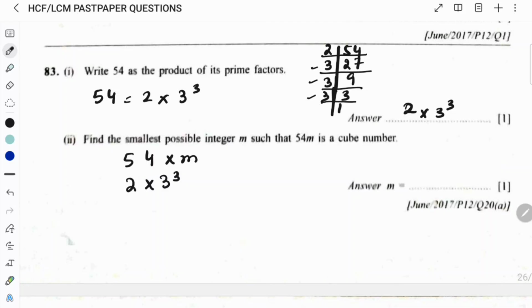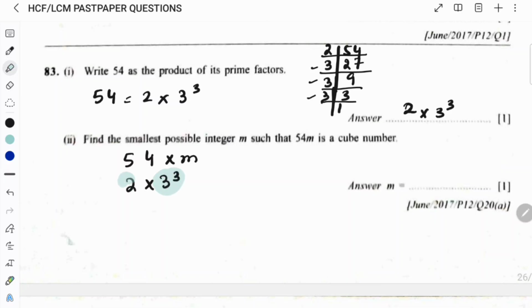We have to make a cube number, with the power a multiple of 3. So in this question, I multiply only by 2 square, because 3 cube itself is a cube number.